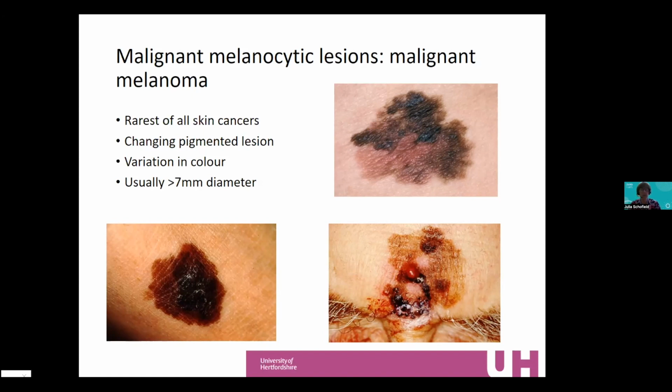But the key features that we worry about are new pigmented melanocytic lesions appearing in people over the age of 30, or lesions that are changing in that age group. I've put the bottom right picture in because we're seeing more and more of this. This is an elderly patient who presents often with a flat brown patch that has been on the forehead for a long time or on light exposed skin, and then suddenly they develop a nodule within this.